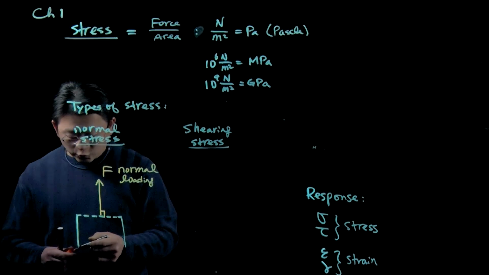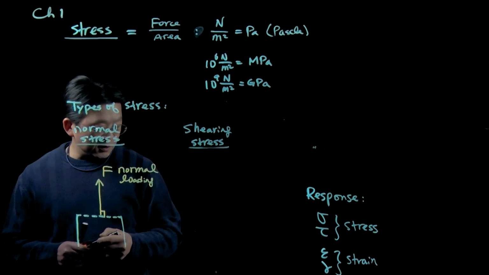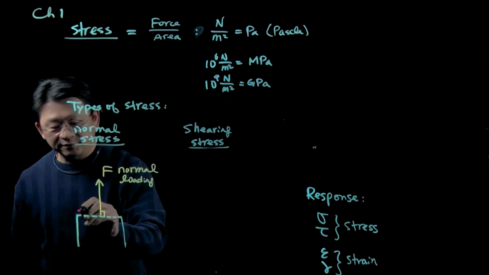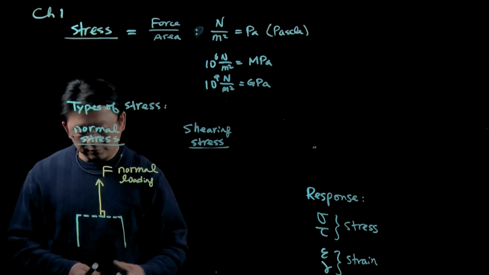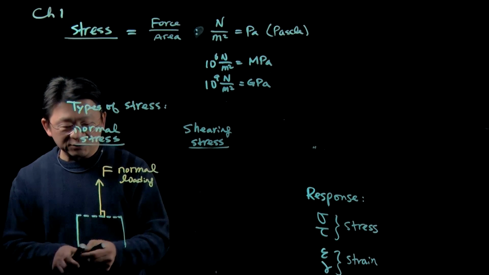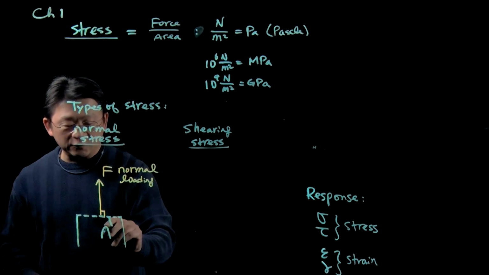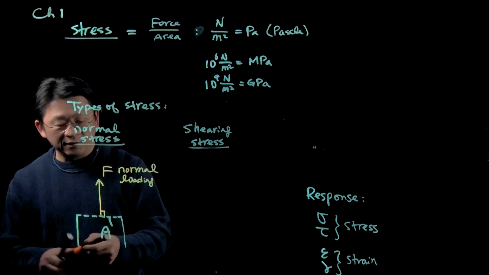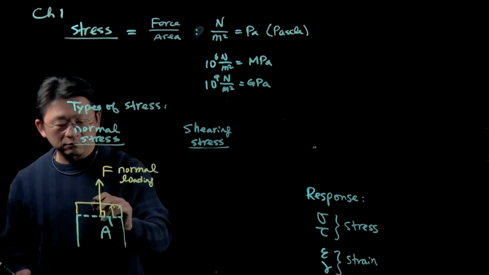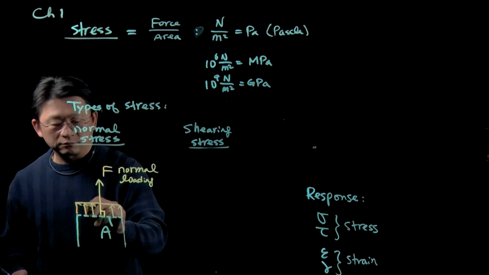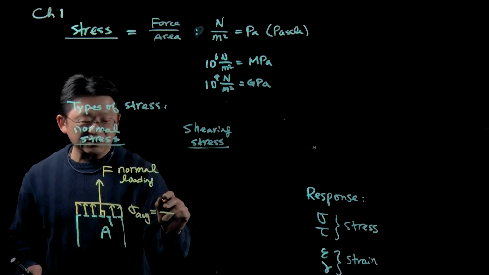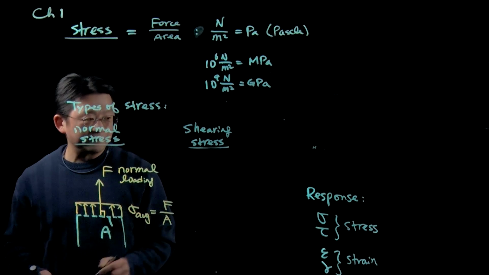Normal loading will induce the average normal stress. Let me say this cross-sectional area equals A, then the average normal stress is basically equal to F divided by area A.